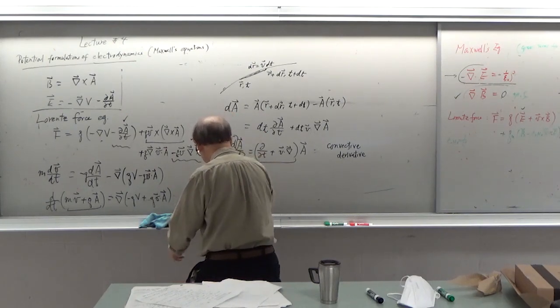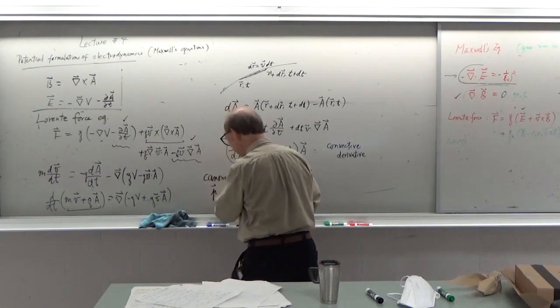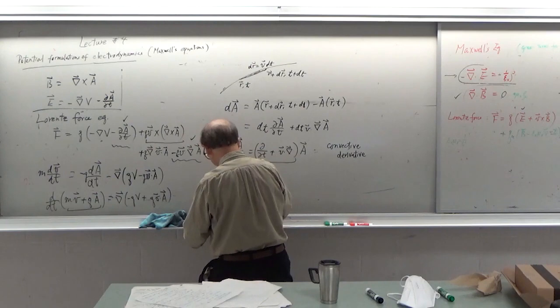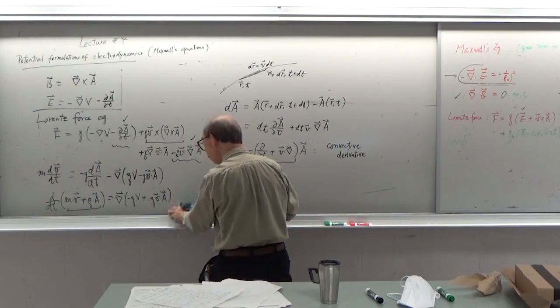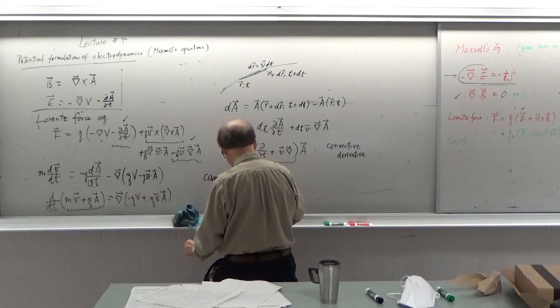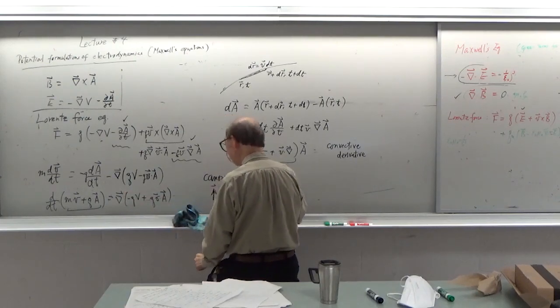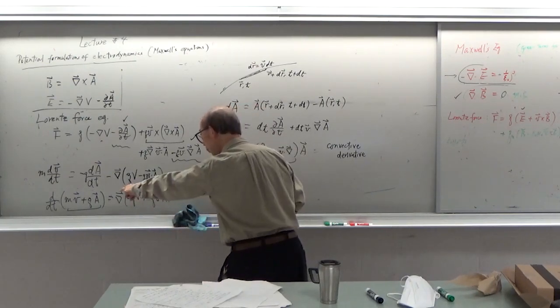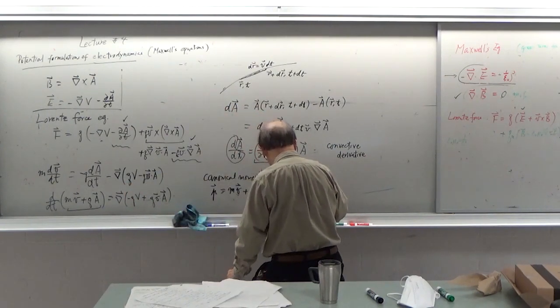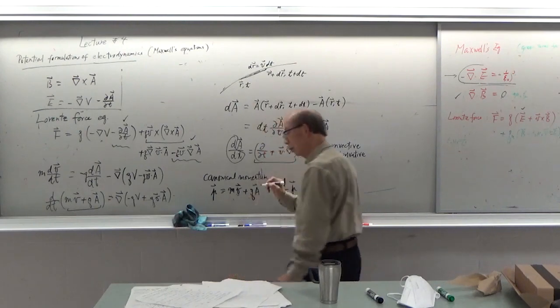It's denoted by P. So this P now stands for this, for this discussion: the ordinary momentum plus qA. So that I can rewrite this equation as d by dt acting on the canonical momentum.